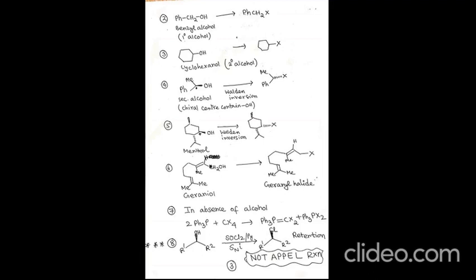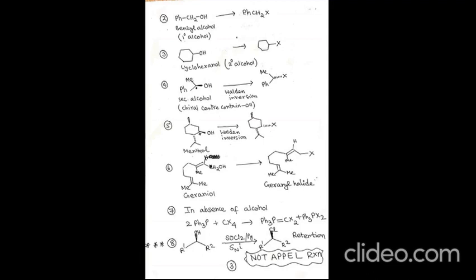In exactly similar way, geraniol is one naturally occurring molecule where we have a primary alcohol, and this primary alcohol gets converted into the geranyl halide by following this Appel reaction condition.